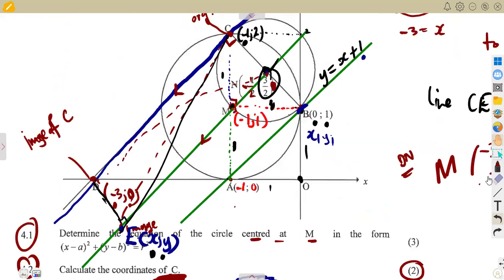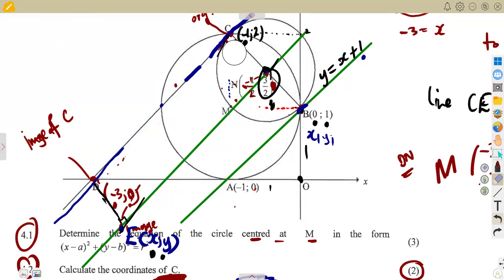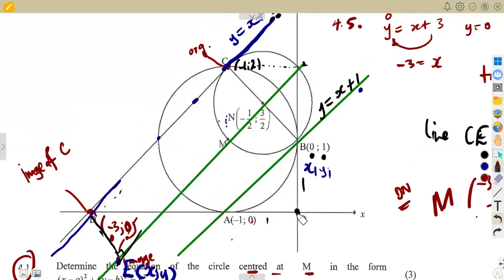It goes from O, remember, to B, to C, and to D. So it's like this. This is the shape that we are forming.